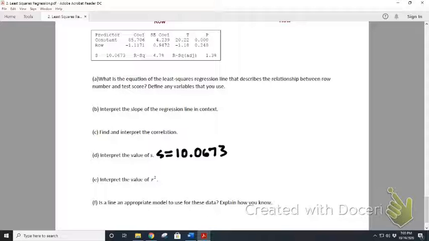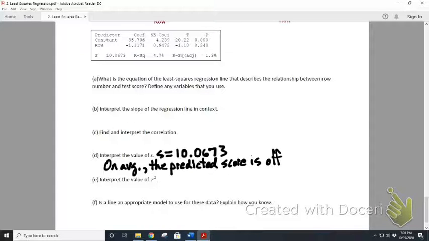So I would say something like, on average, the predicted score is off by 10.0673.